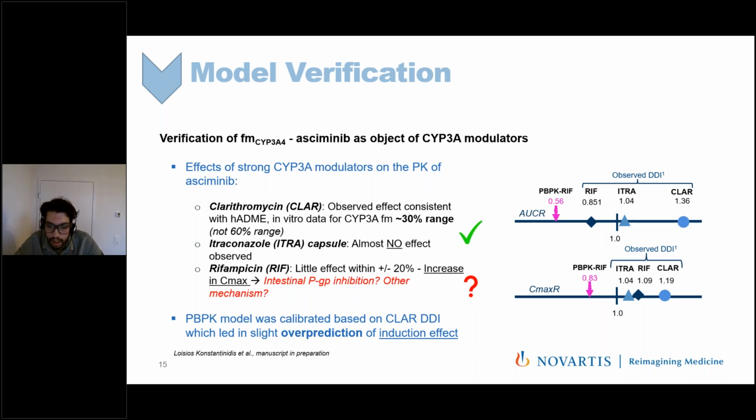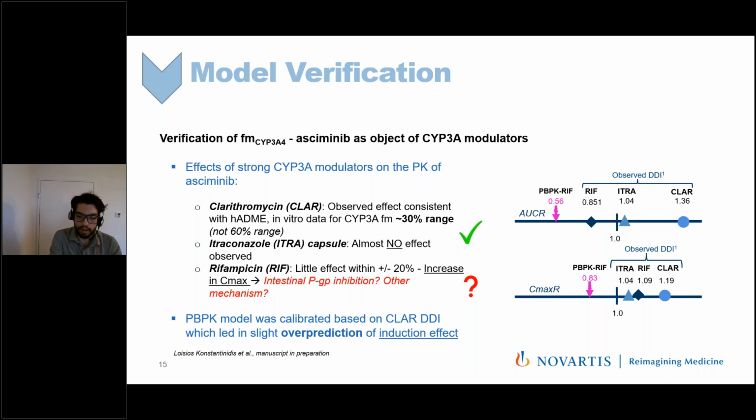On the other hand, with the itraconazole capsule, practically we saw no effect, with only a 4% increase in both Cmax and AUC. However, the PBPK model was calibrated based on the clarithromycin DDI results.